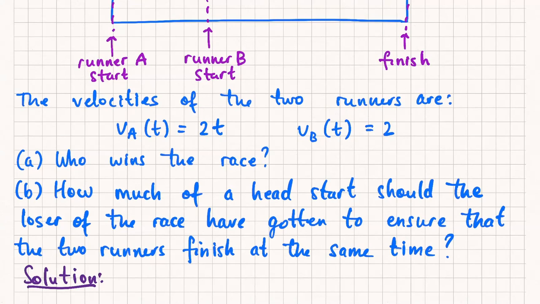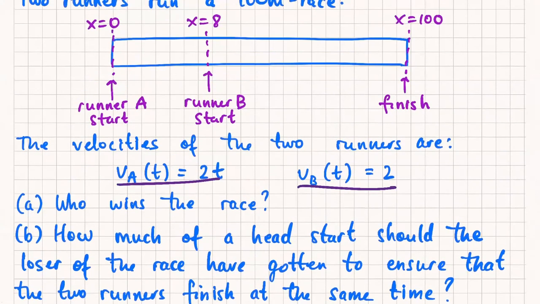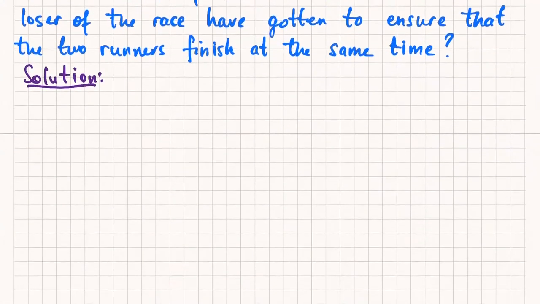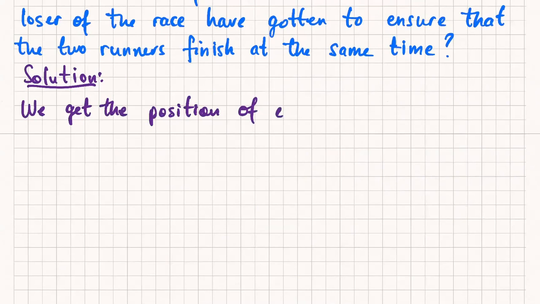Well, it's really an initial value problem, right? What am I given? I'm given the velocity of each runner, and I'm also given the starting point of each runner, right? A point and a derivative. So I should be able to get the position as an initial value problem. So let's get that first, and then we'll solve parts A and B. So we get the position of each runner first, right?